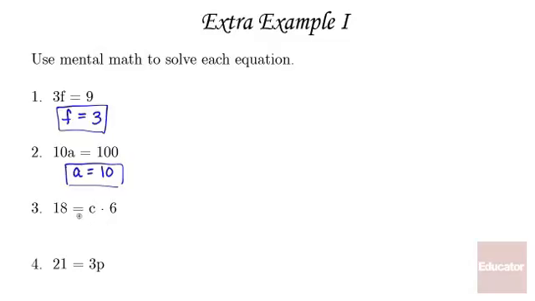Well, I know 3 times 6 is 18, so that means c has to be 3. And the next one, 21 equals 3 times a number. 3 times what equals 21? 3 times 7 equals 21. So that means p has to be 7.